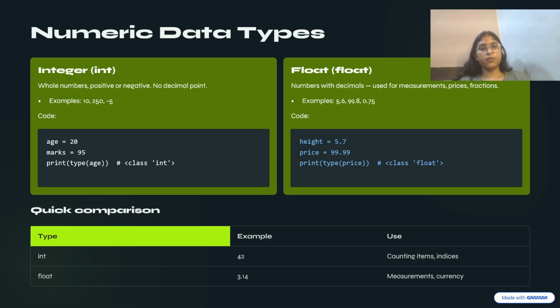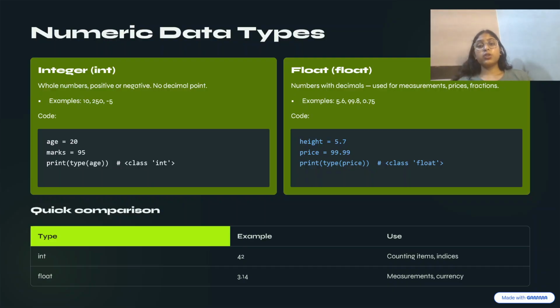Python has many data types. Today we will first learn about the numeric data type. Numeric data type means anything related to numbers. Two important numeric data types are integer, that is int, and float, that are the decimal points.